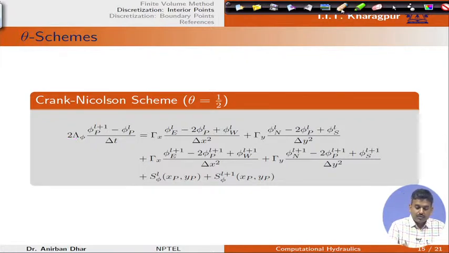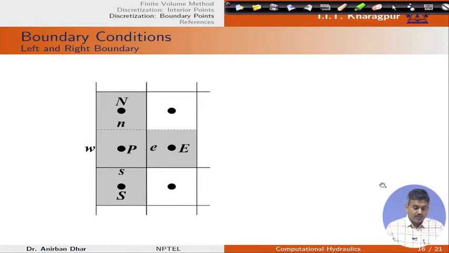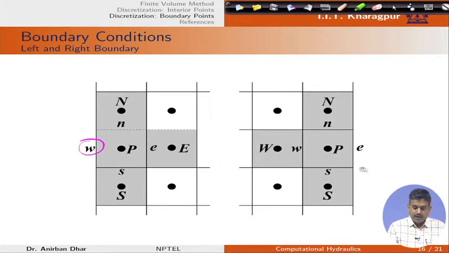Now, up to this point, the discretization of the IBVP is somewhat similar to finite difference discretization. Now we need to see what the boundary conditions will be. For the left boundary, again we need to evaluate this west face derivative separately, which is not common, and for the right boundary we also need to evaluate the derivative at the east boundary separately.